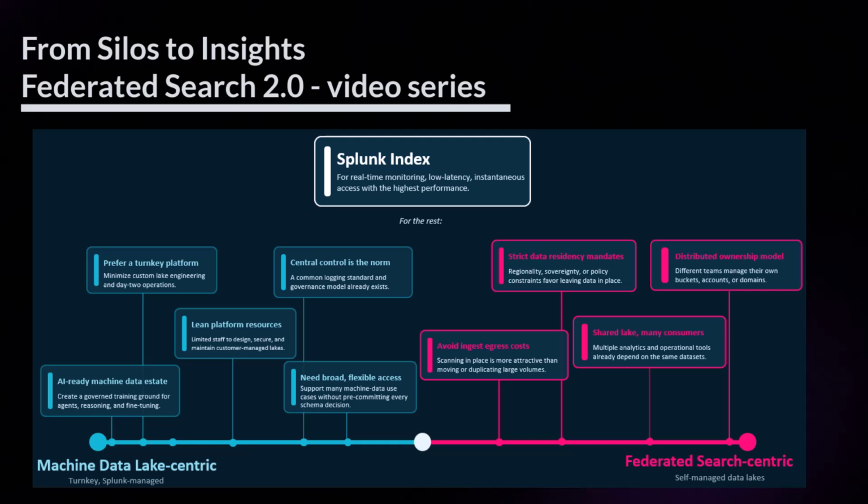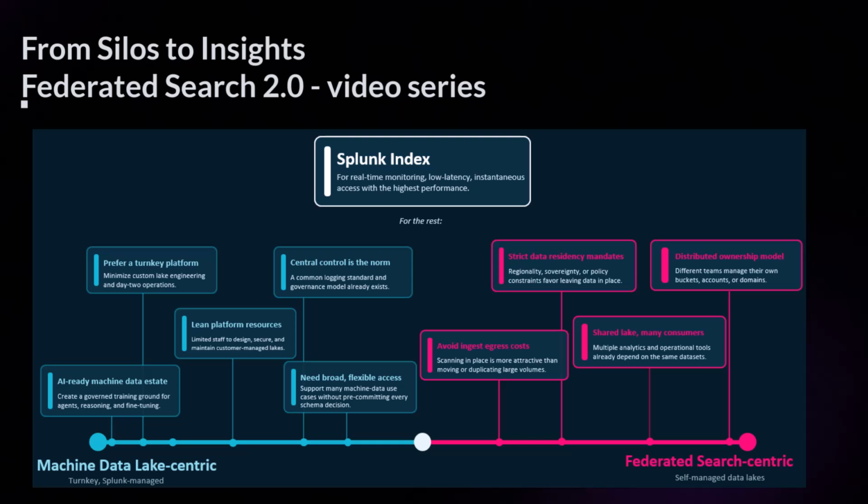On the right are environments where Federated Search tends to play a larger strategic role, for example, when data needs to stay in place because of residency requirements, shared lake usage, distributed ownership, or the cost of moving large volumes of data. And for the most critical real-time monitoring use cases, the Splunk Index remains the highest performance tier.